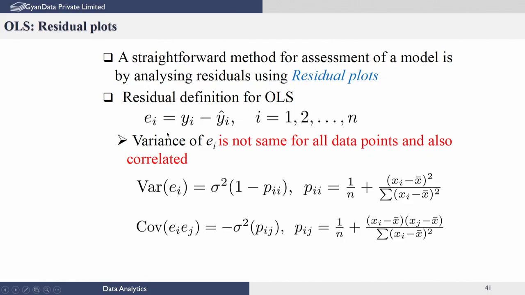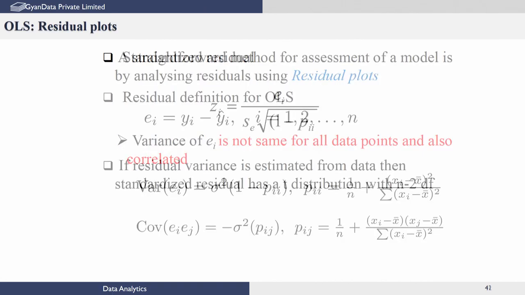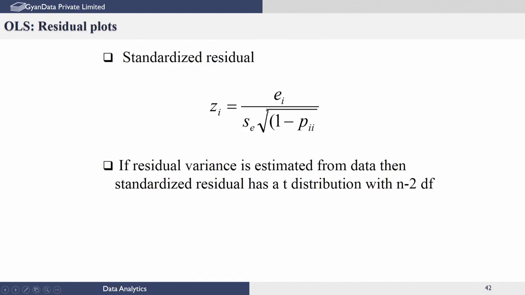Having derived this, notice that even if we do not have a priori knowledge of sigma squared, which is the variance of error in the measurements, we can estimate this quantity. We have already seen this in the previous lecture. We can replace it by SSE divided by n minus 2, which is an estimate of sigma squared, and substitute this to get an estimated variance of each residual. We will standardize these residuals, by which we mean dividing the residual by its estimated standard deviation.